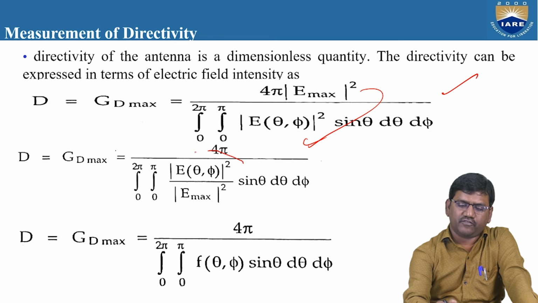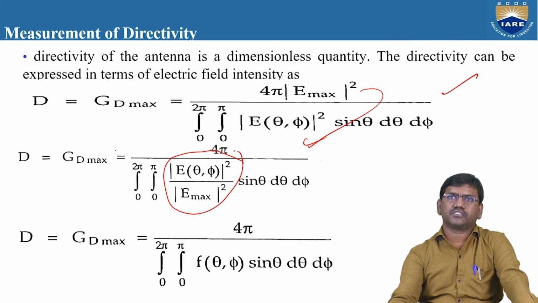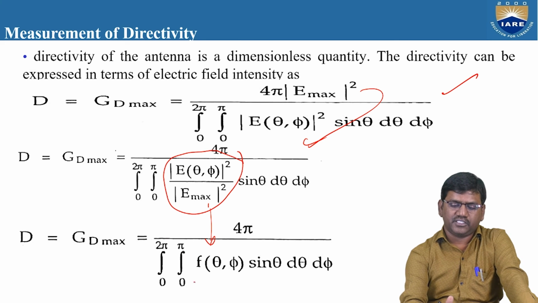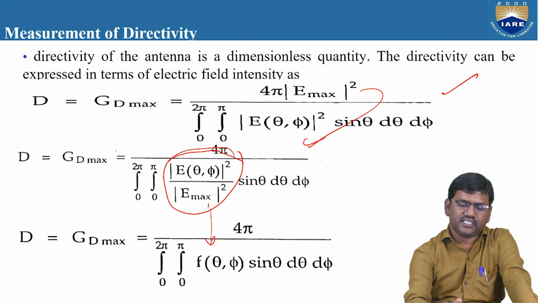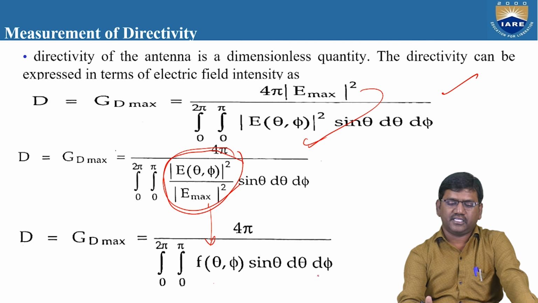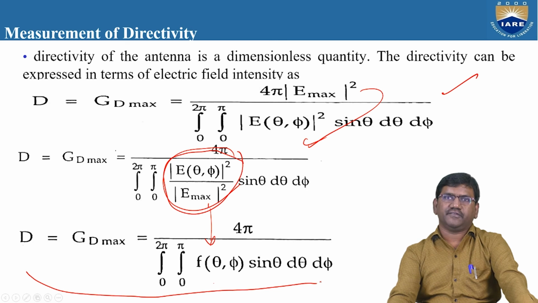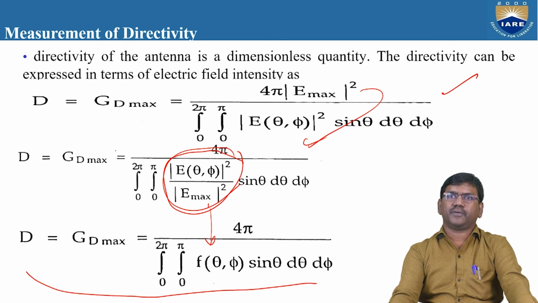Let us assume this total function as one function f of theta comma phi. So the integration of 0 to 2 pi, 0 to pi of f of theta comma phi sin theta d theta d phi.